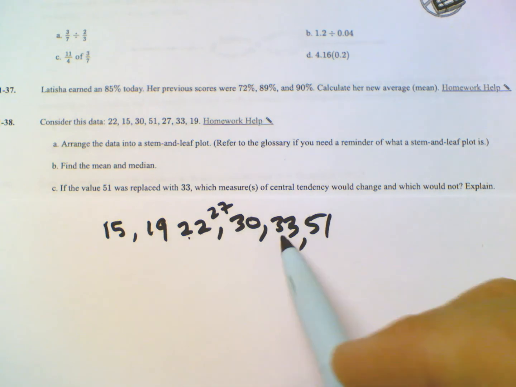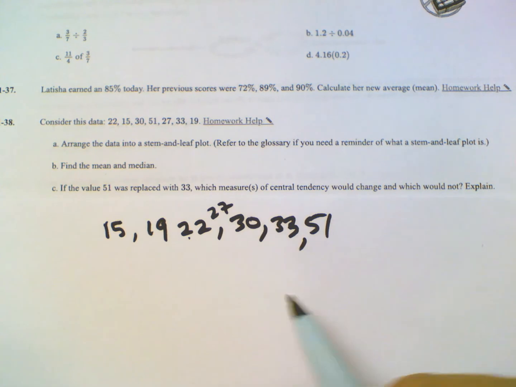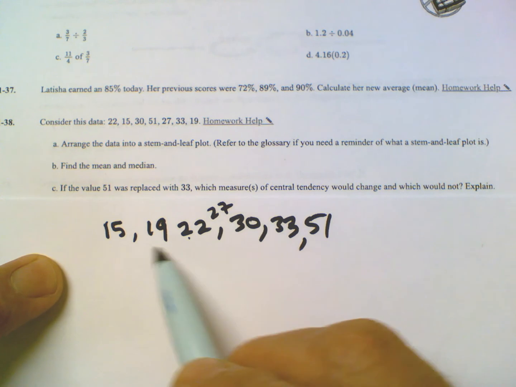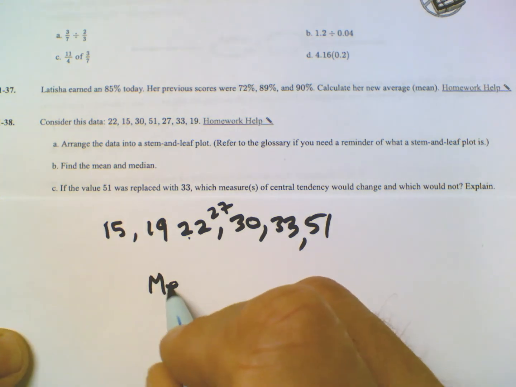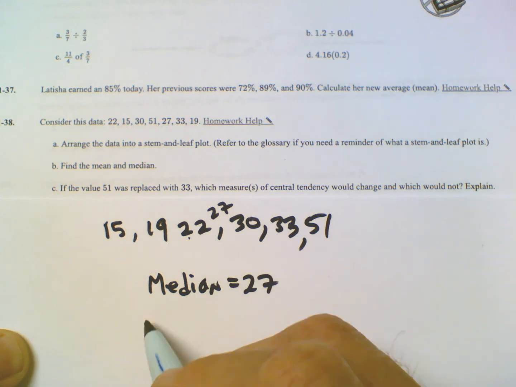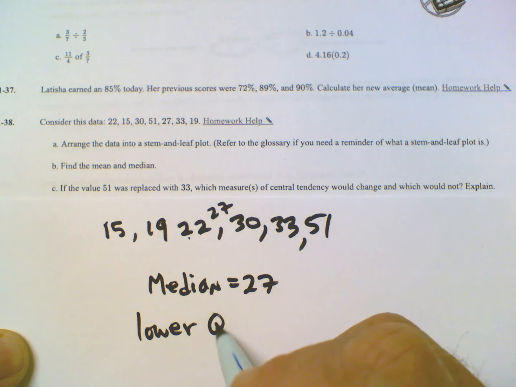1, 2, 3, 4, 5, 6, 7. Yeah. So if I'm going to find the middle, oh, that worked out nice. 27 actually is my middle, huh? 3 in, 3 in. So my median is 27. I also need to know my lower quartile.